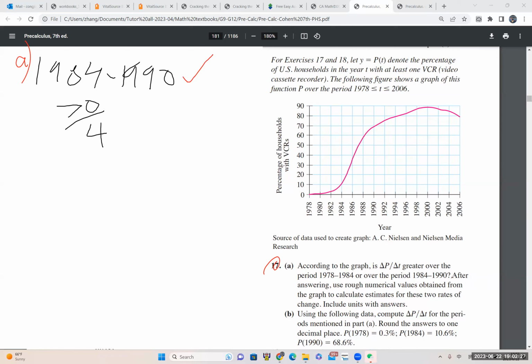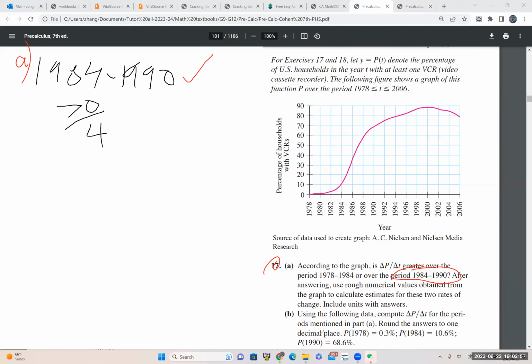But this second question, you have to find the value, right? To calculate, is it just 70 divided by 4 or estimate something? For these two rates of change with answer. Yeah, you can just provide one for this period. What's this rate? Delta P over delta T.